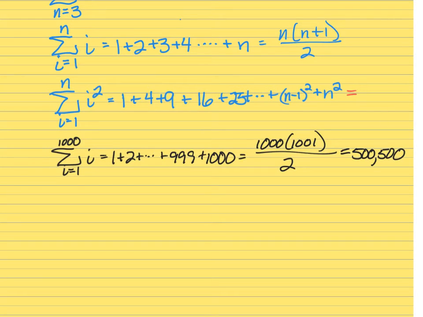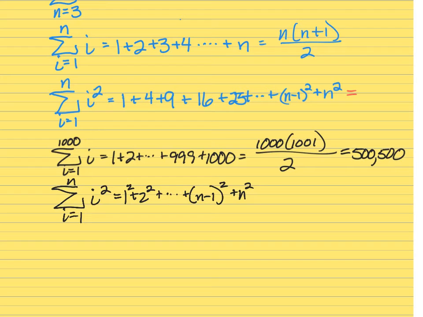So here we go. If I'm adding up the first n perfect squares, that's 1 squared plus 2 squared plus dot, dot, dot, plus n minus 1 squared plus n squared, right?